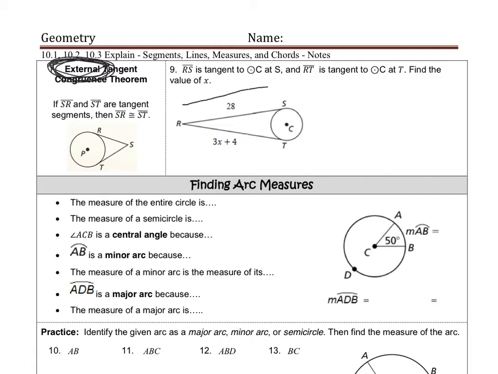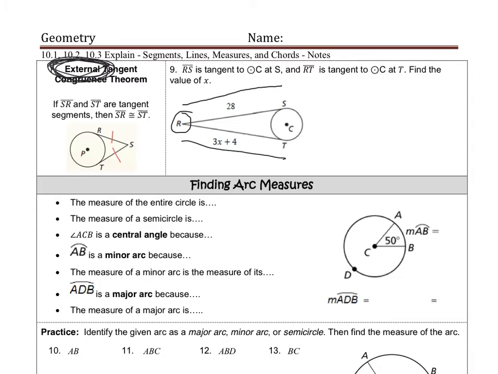RS is a tangent line and RT is a tangent line, and both share the same external point. If that happens in a circle, then the tangent lines are congruent. In the theorem, RS is congruent to RT.